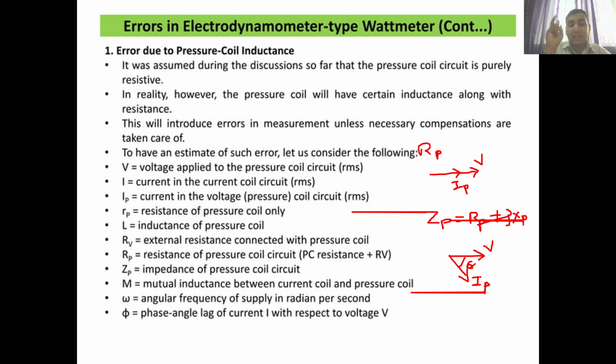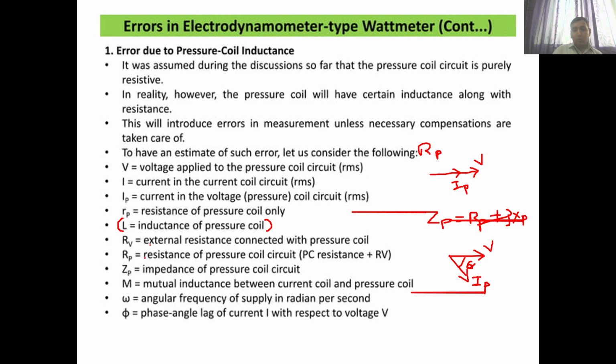Now we assume there is some additional element, that is, there is also inductance in the pressure coil. In addition, we have an external resistance connected to the pressure coil to increase the overall resistance.